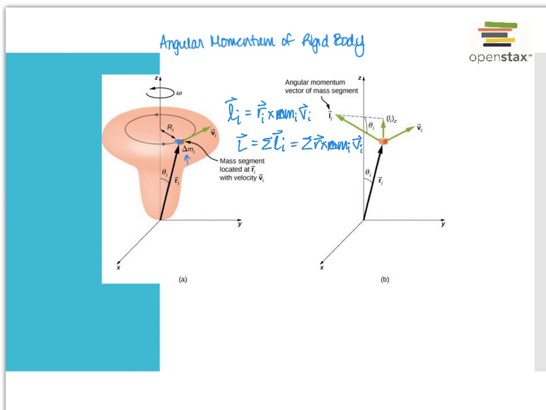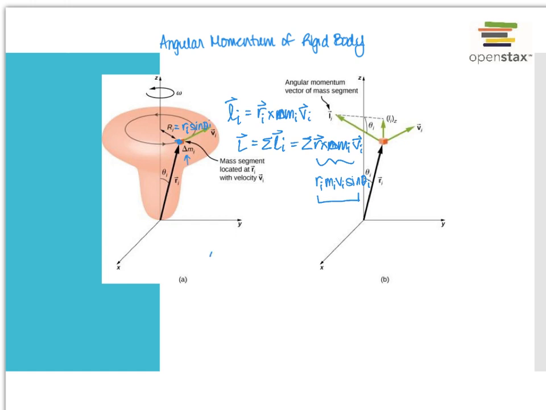Now, when we are doing this, this essentially has r_i, delta m_i, v_i times the sine of theta_i. And this time we're going to put that angle as theta_i, and this r_i right here can be written as r_i sine theta_i.